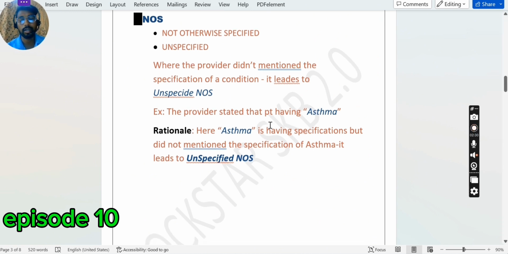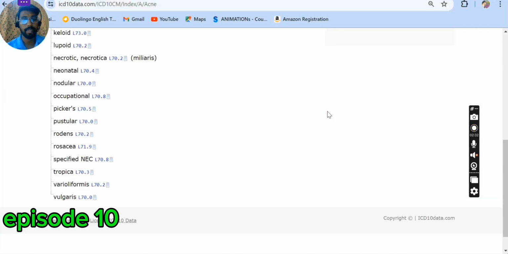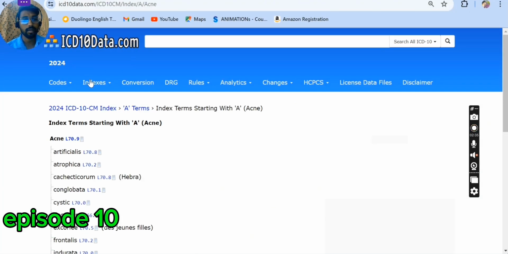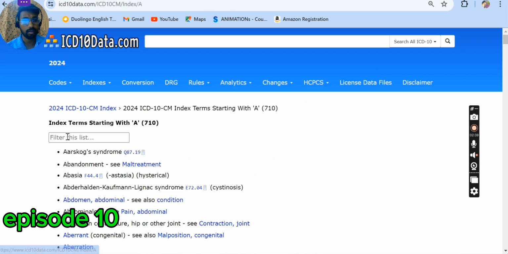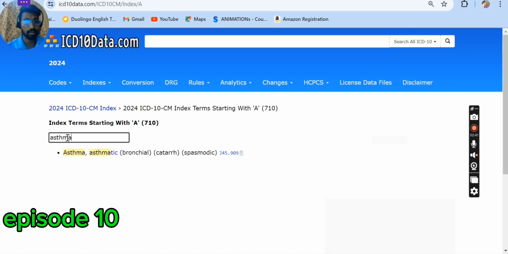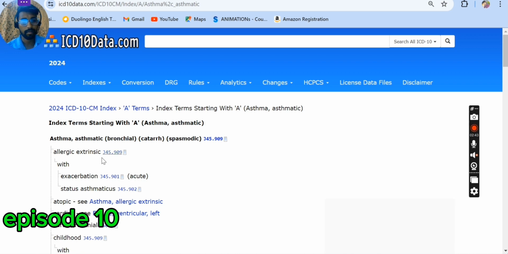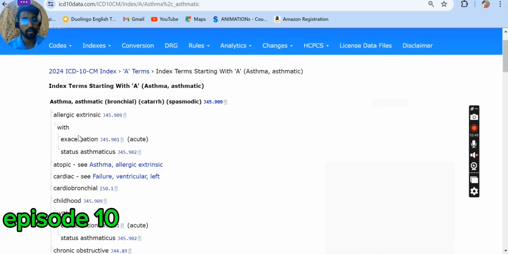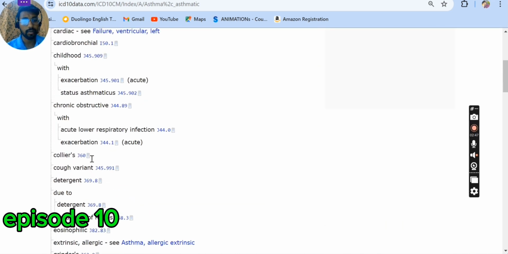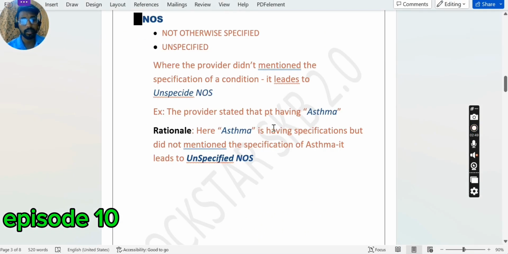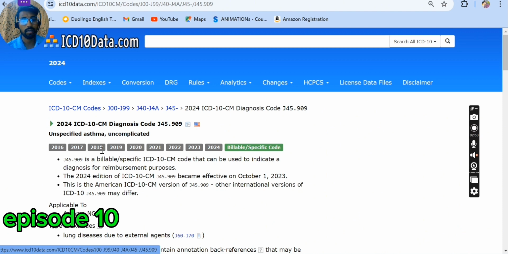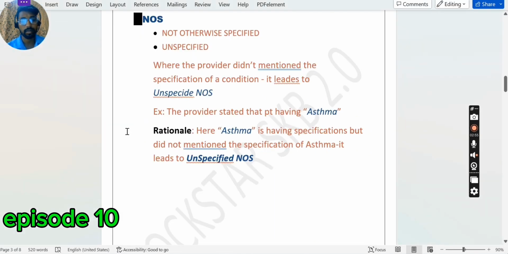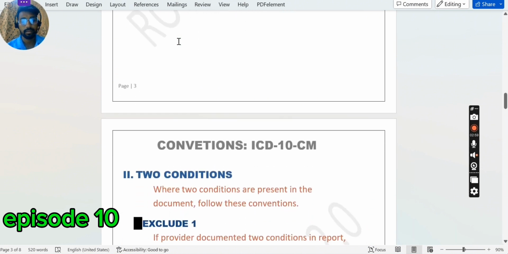For example, the provider stated the patient has asthma. Under asthma, we have a number of specifications, but the provider mentioned only asthma. So here we have to go by unspecified asthma. This is called NOS.